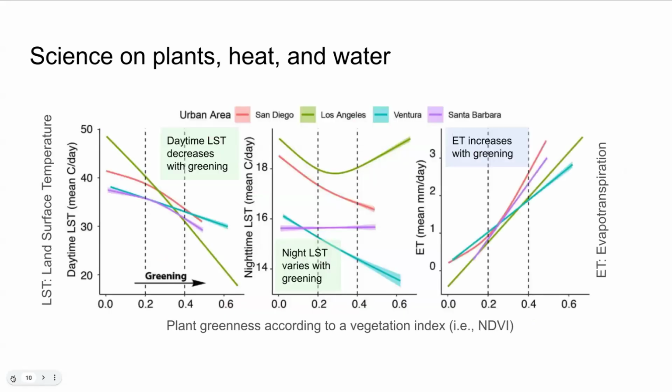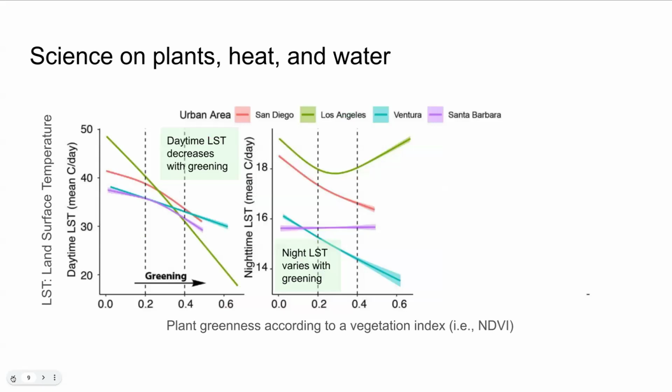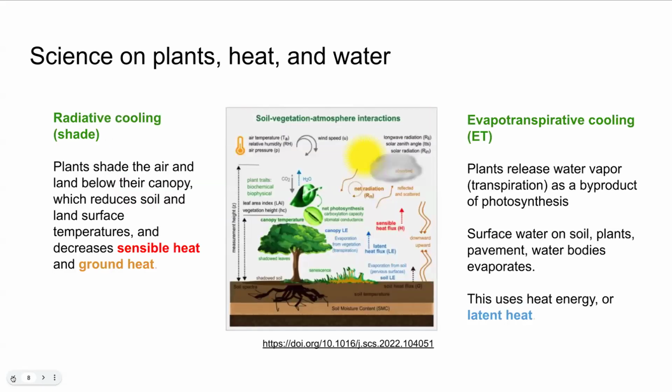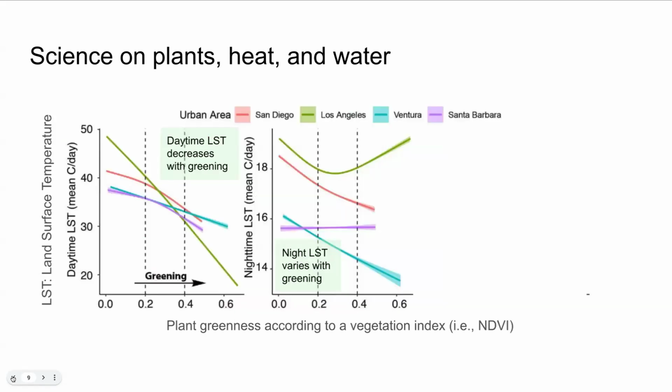What these relationships create is a set of relationships that we can actually track with data. I'll go through describing this somewhat quickly, but if we look at the plot on the left, on the vertical axis, you're seeing land surface temperature. It's the temperature of the ground.